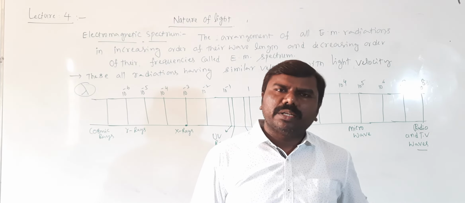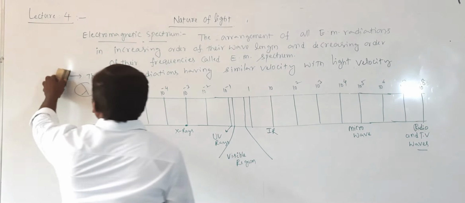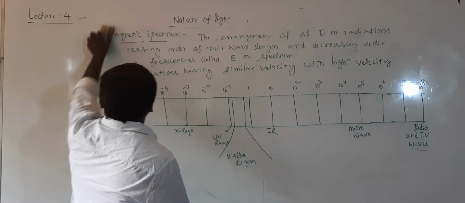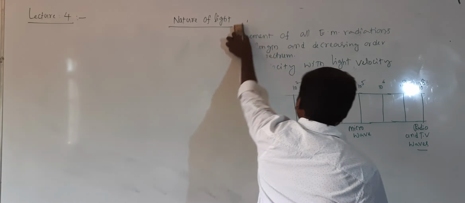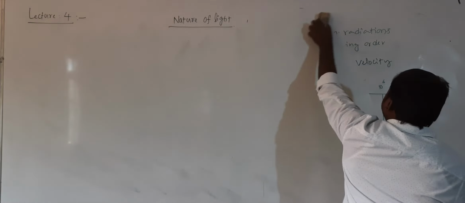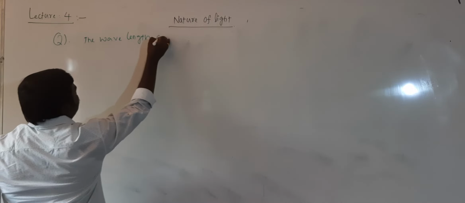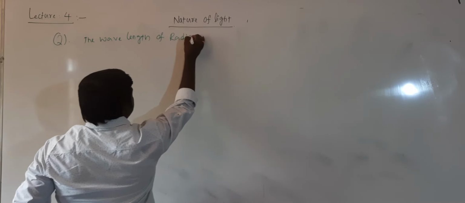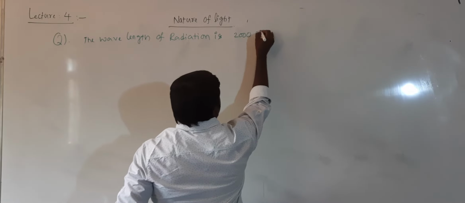Based on the given formula, nu equal to c by lambda, we will discuss one sample problem. Question: the wavelength of radiation is 2000 angstrom units.